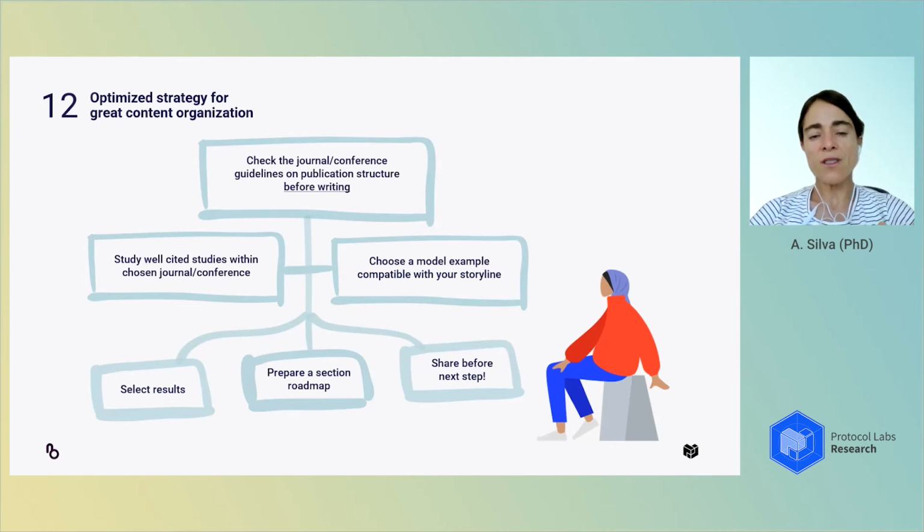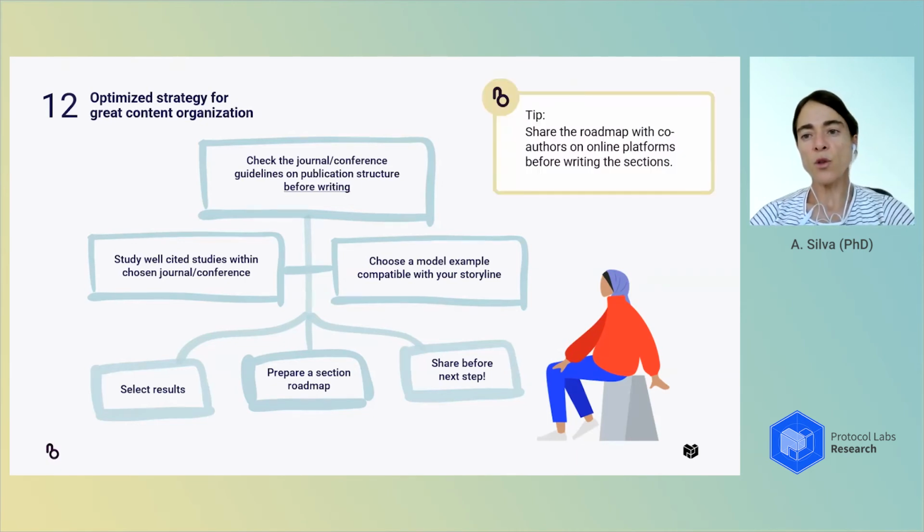And then, of course, select the results, because that's going to be the center of the storyline. You have to decide what you have and how you're going to interpret it. And then prepare a section roadmap that I advocate you share with co-authors on online platforms before you write the section. I'm going to show you very briefly what the section roadmap is and how it can be used.